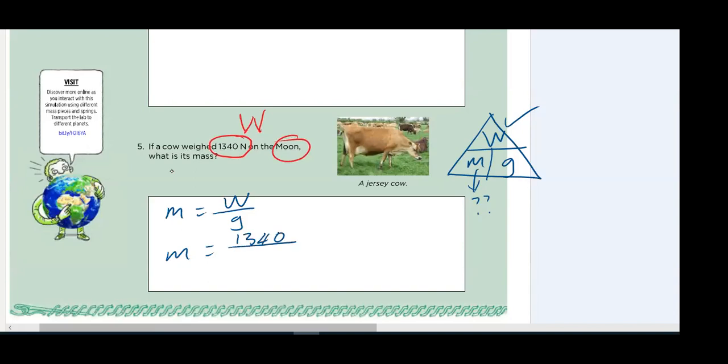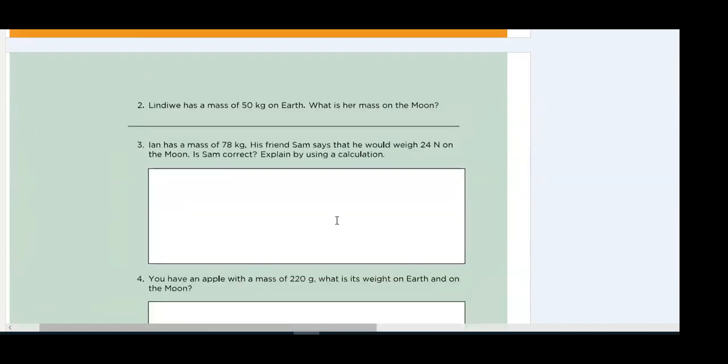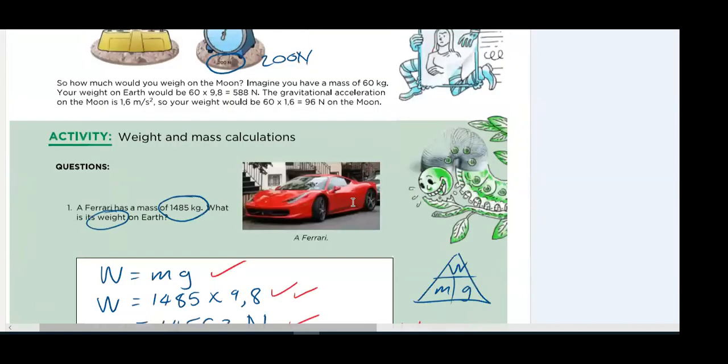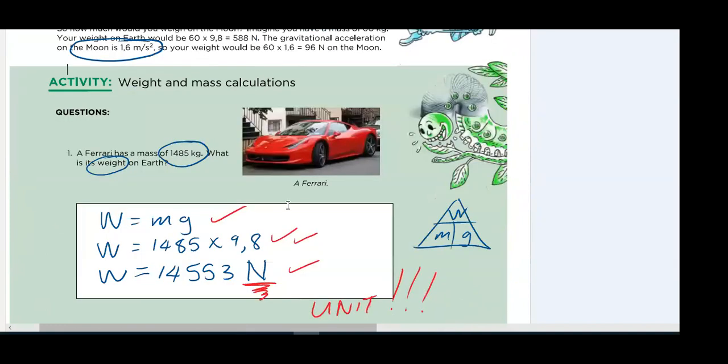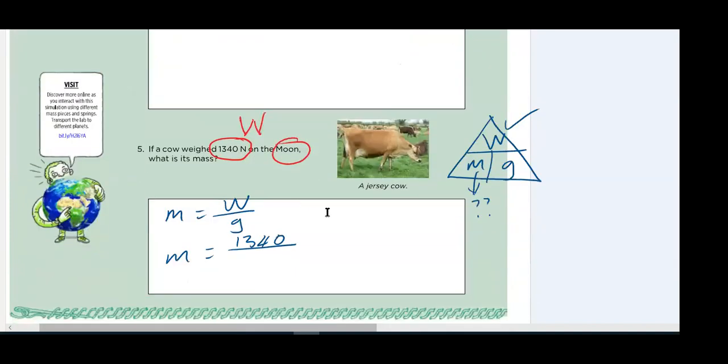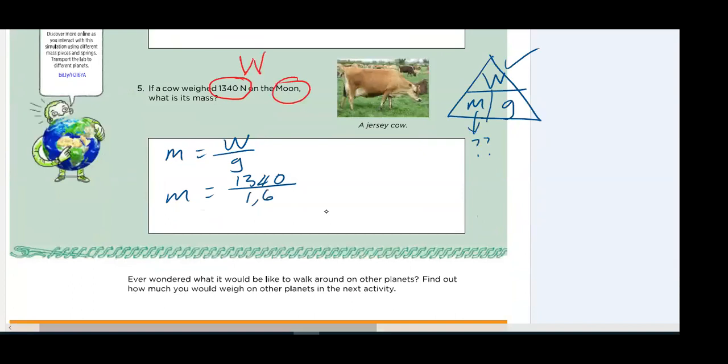1,340 divided by g. I need to now find the value of g on the moon. On Earth, it's 9.8. But up here in your textbook, they tell us that the value of g on the moon is 1.6. So 1,340 divided by 1.6, I get the mass.